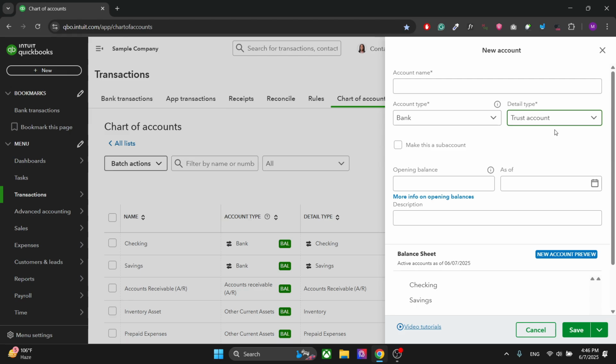So whenever you are holding funds for a client or third parties under legal or other obligations, you can add them right here. It is required for businesses like law firms or real estate agencies that manage client funds. So you can use this detail type right here. It is also used to track escrow funds, retainers, or other funds that are held temporarily. So make sure to keep the trust funds separate from business funds to comply with legal and ethical standards.